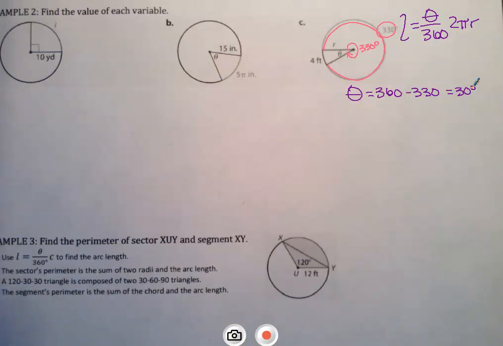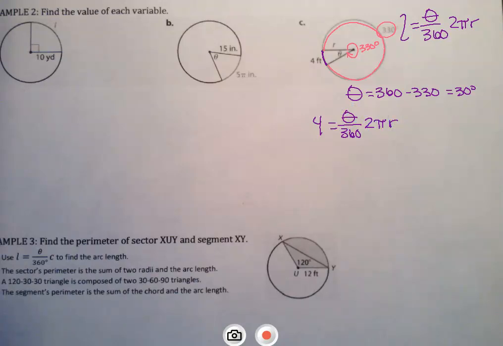So now we can start plugging in to our arc length. 4 equals... so 4 is our arc length here, that's our L. So 4 equals theta divided by 360 times 2 times pi times the radius.